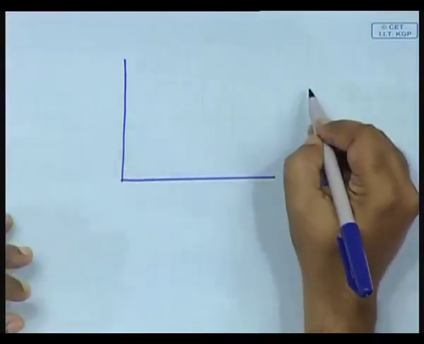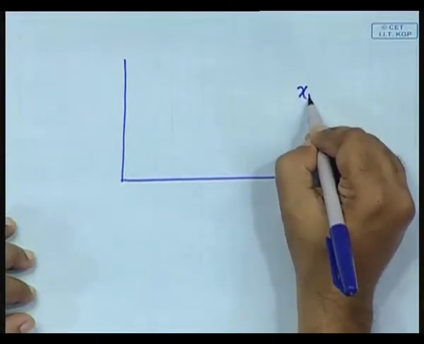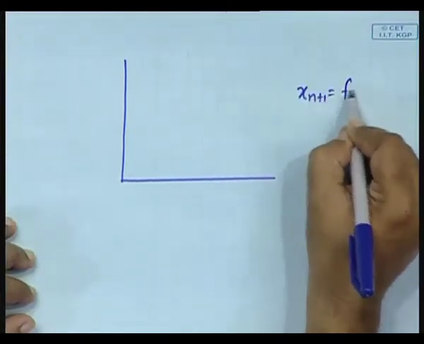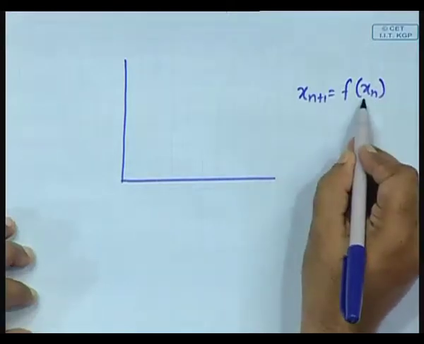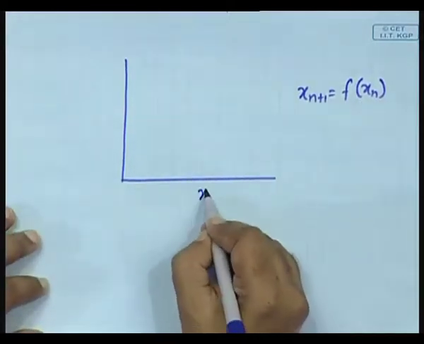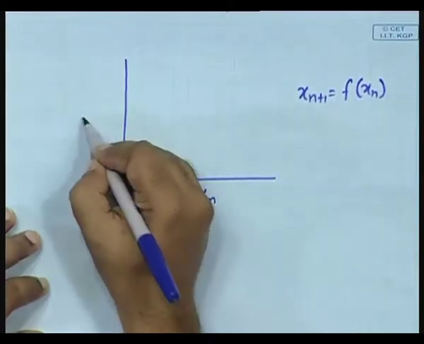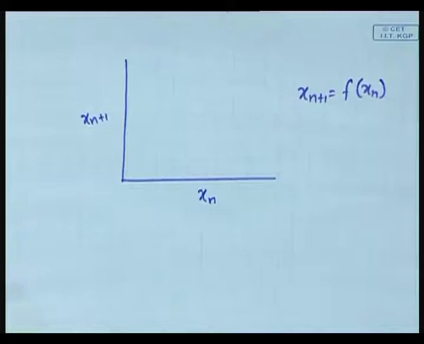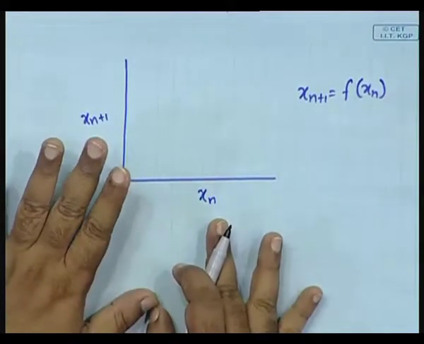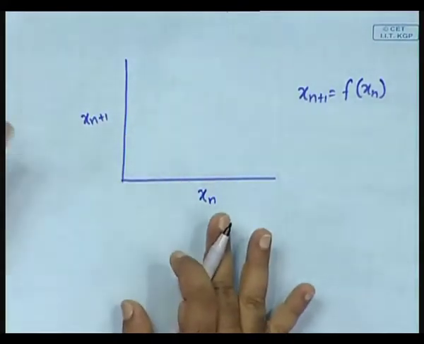It means that we can draw, say, we have obtained x n plus 1 is equal to some function of x n. This is 1D, so I am not writing it as a vector. So, here I will write x n and here I will write x n plus 1. This function can be plotted as a graph. This is not possible in 2 dimensions or higher dimensions, but in 1 dimension it is possible.